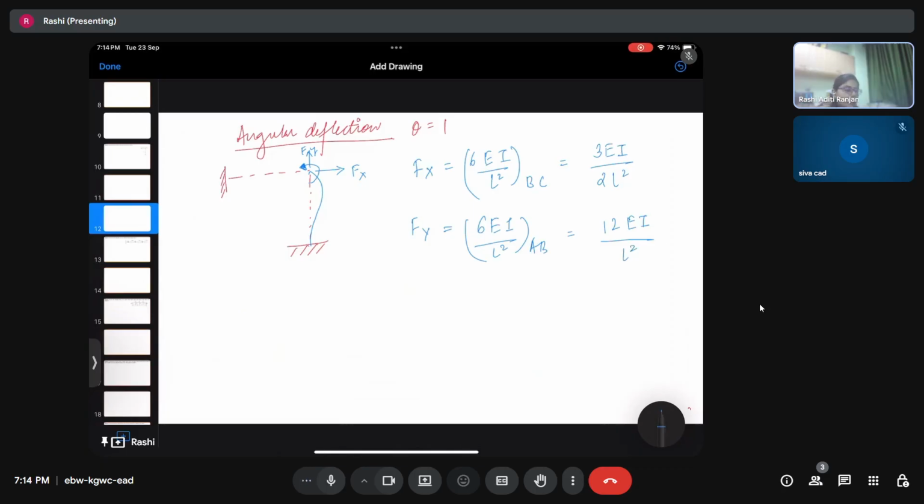And this is going to be with a minus, definitely with a minus. M of theta is going to have contribution of both of them.